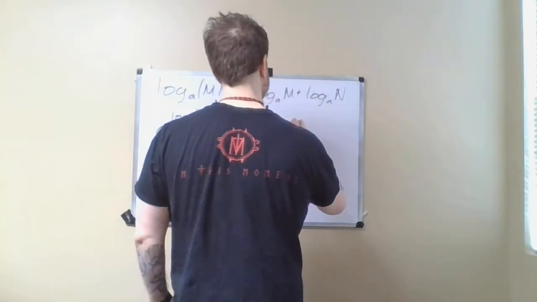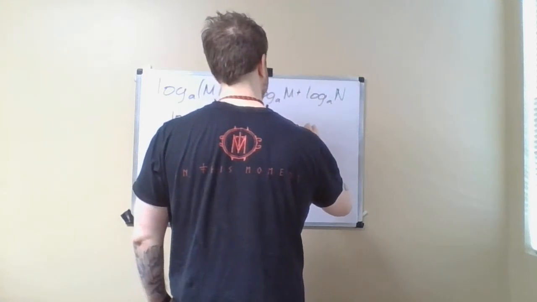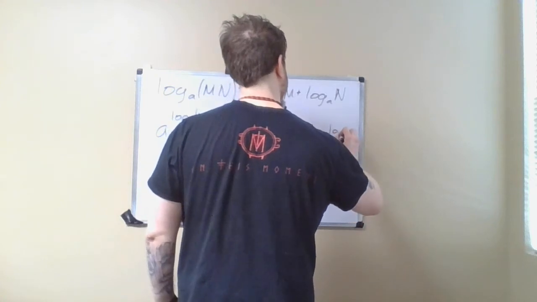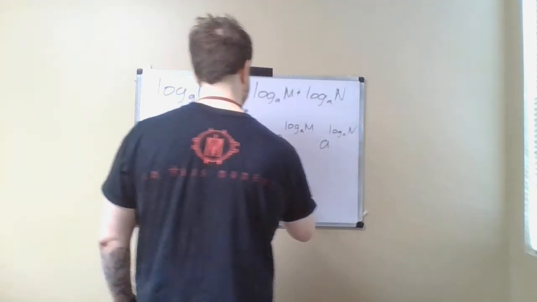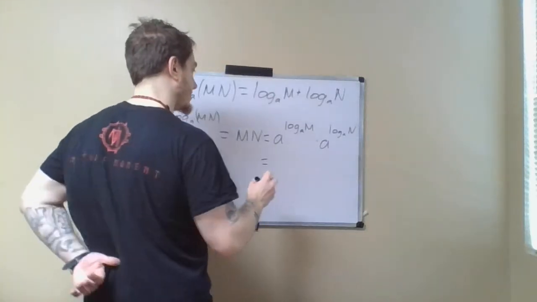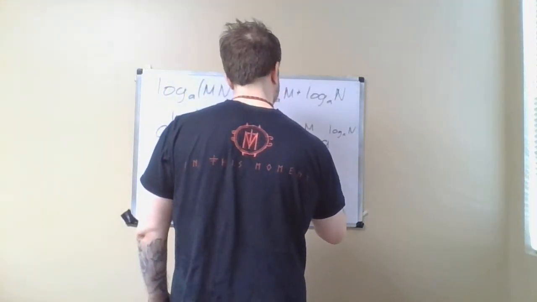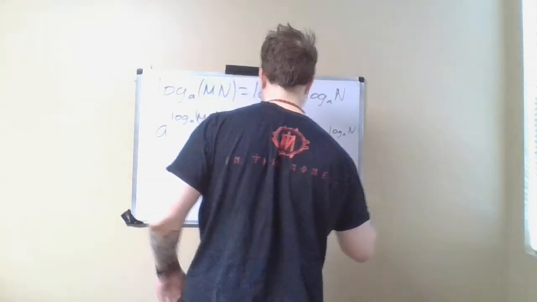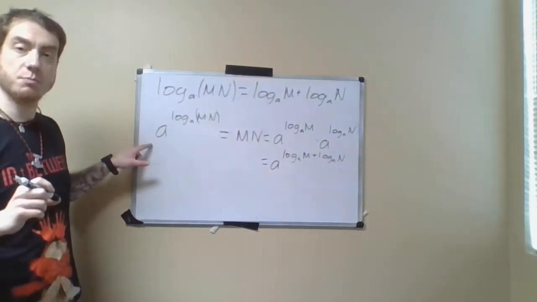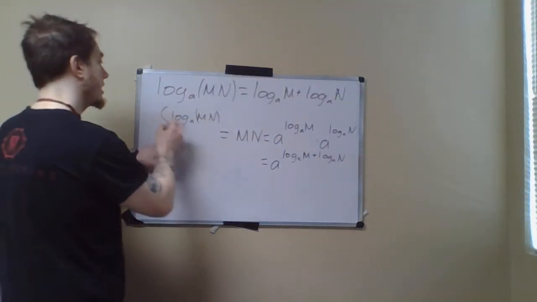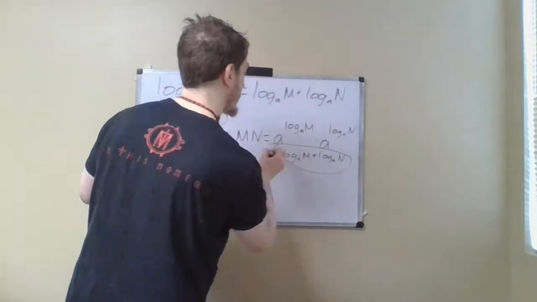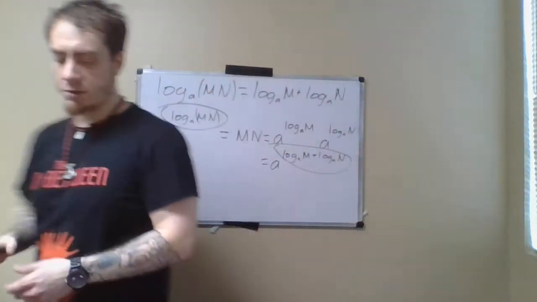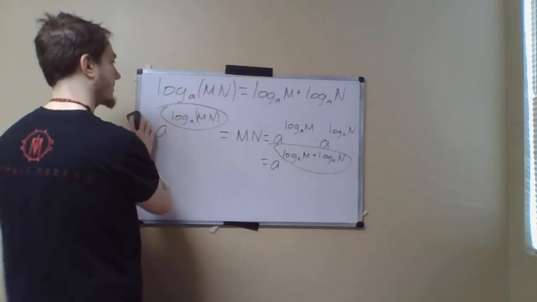But this is a to the log base a of m times a to the log base a of n. And by the rules for exponents, this is a to the log base a of m plus log base a of n. Since the exponential function is one-to-one, this exponent and this exponent have to be equal to each other. And there we go. We have now proved this property of logarithms.